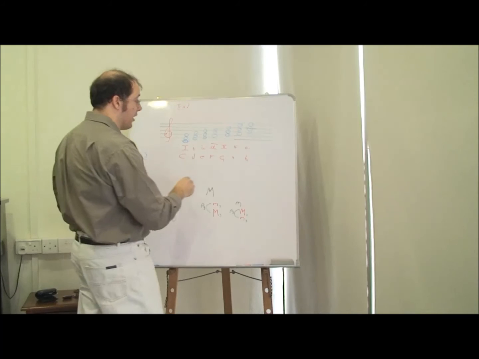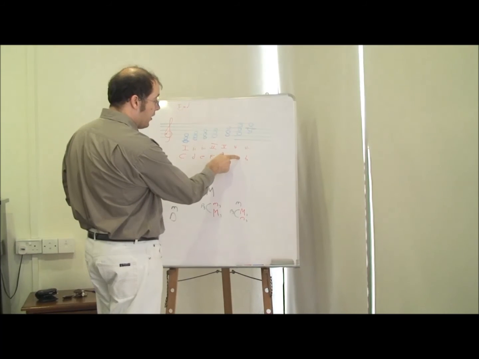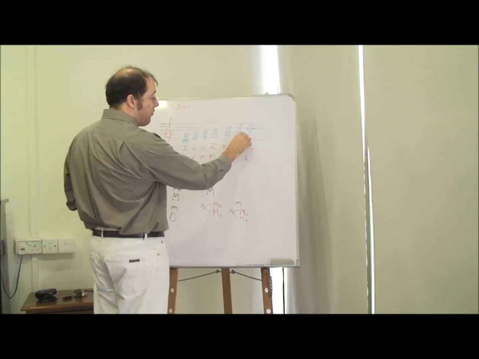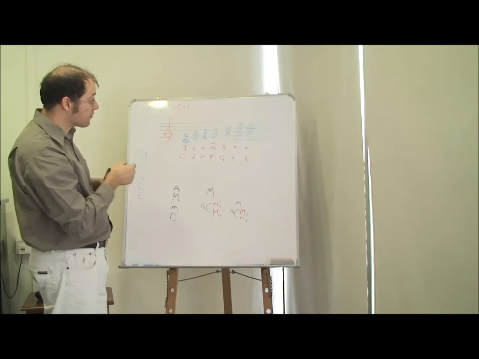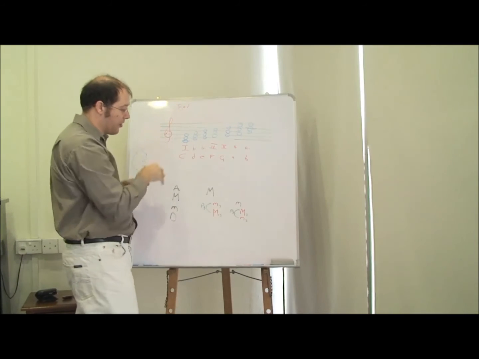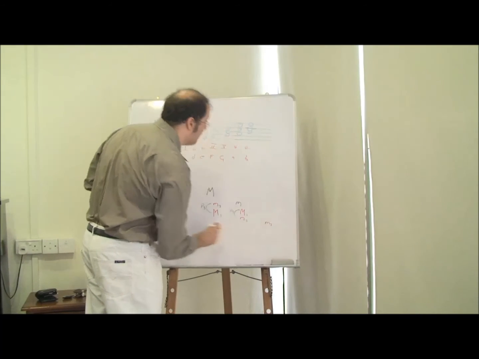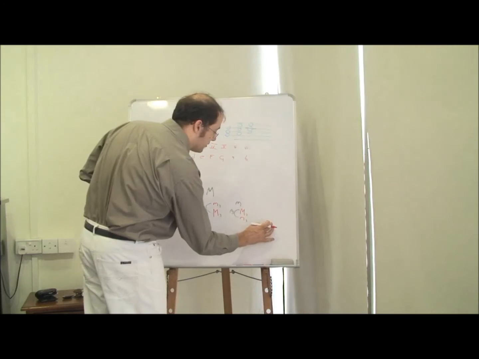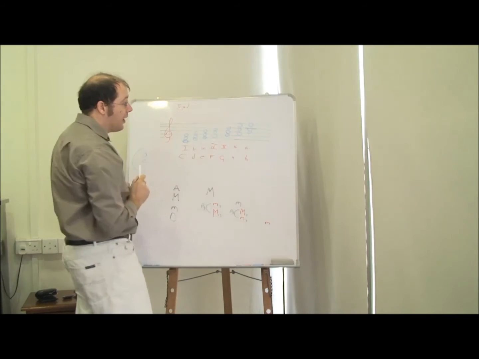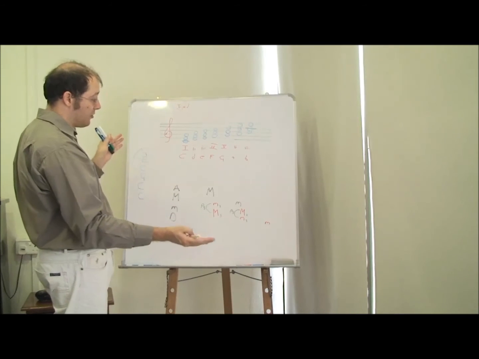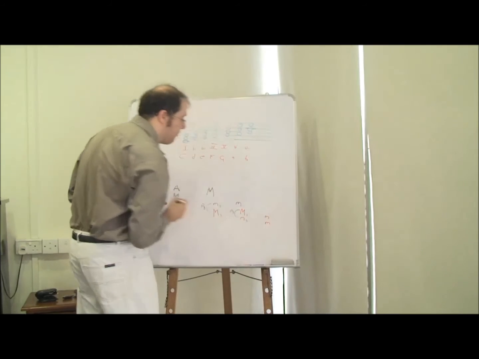But now if we look at the seventh, from B to D, in B major we would have a D sharp. So B to D is slightly smaller than it would have been, which gives a minor third. Then from D to F, D major would have an F sharp, so D to F is smaller than it would have been, so we have another minor third above that.